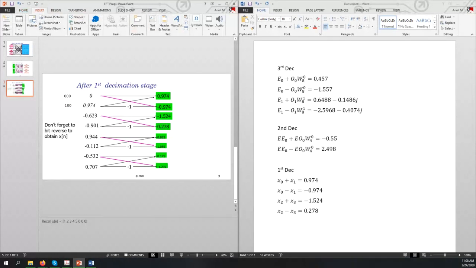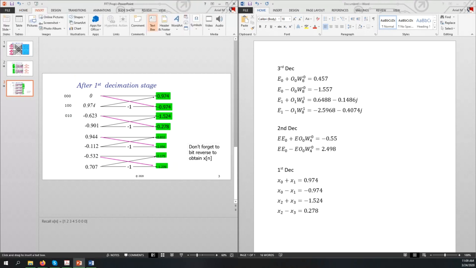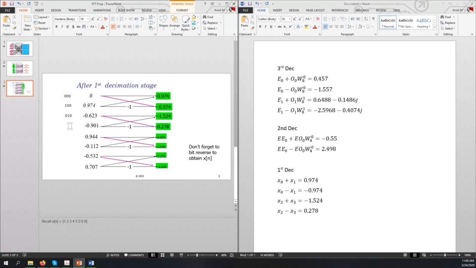And similarly, this position here will be 0, 1, 0, so this position is unaffected. But this position here would have been 0, 1, 1.